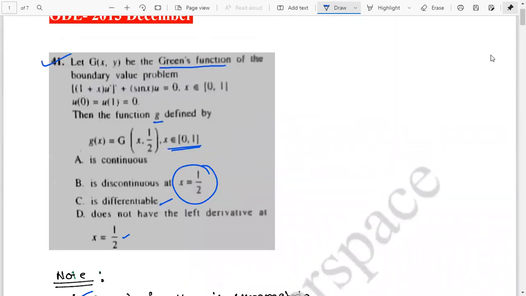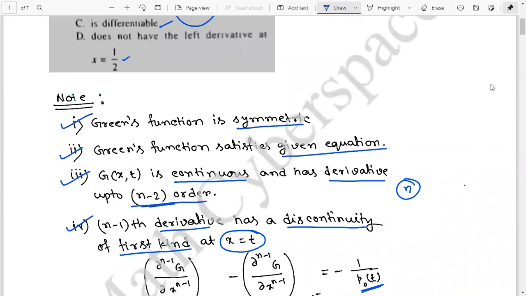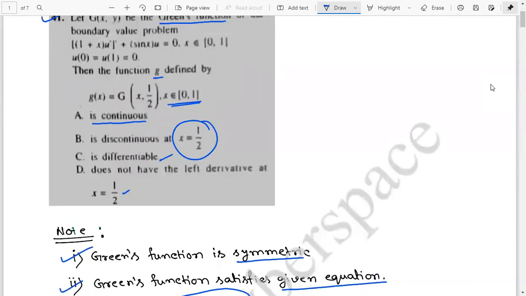So if you look at option A, it says that this is continuous, and here it is given that G(x, t) is continuous. That means option A satisfies the property of Green's function, so option A will be the correct option.